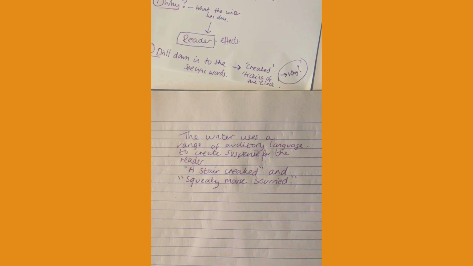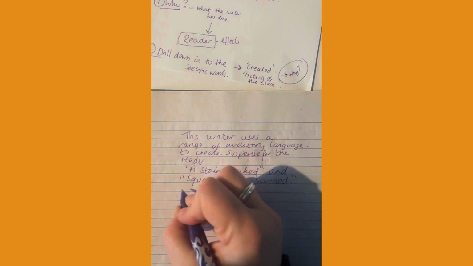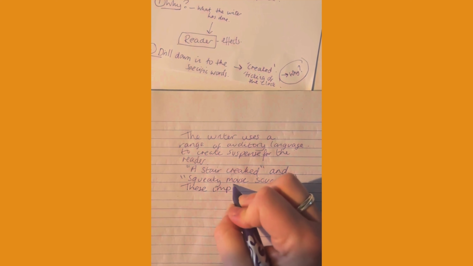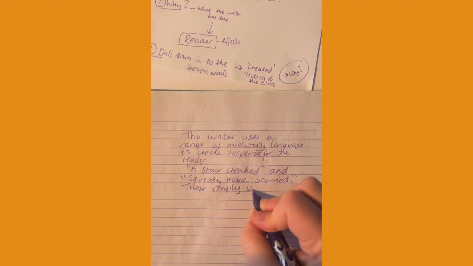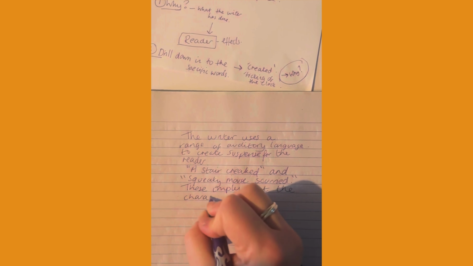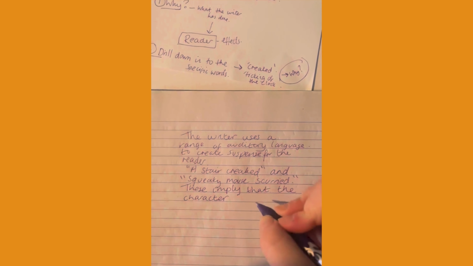More importantly, so that we can answer the question, we need to make sure we talk about the reader and the writer. Otherwise, we're not really answering the question, or we're not answering it well. So these imply that the character, we're going to have to mention the character because obviously this is what's happening to the character.